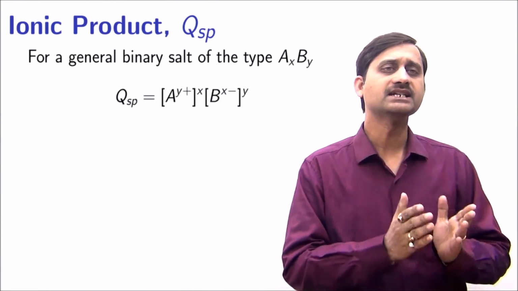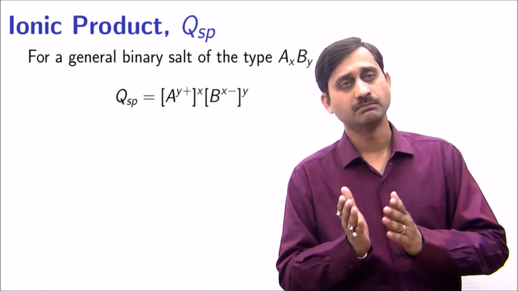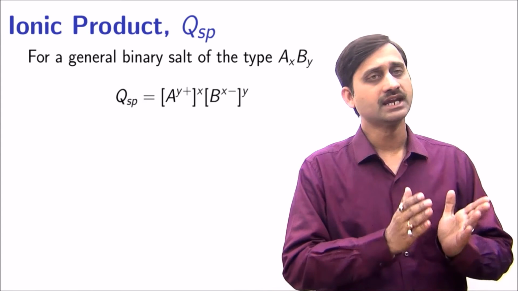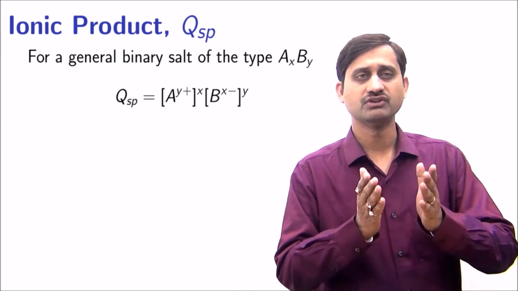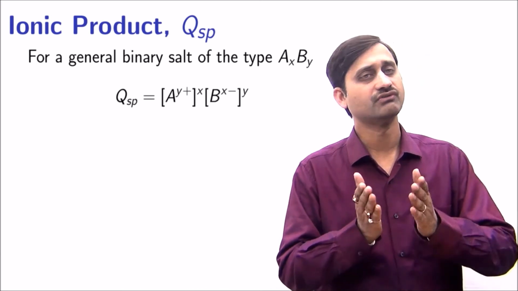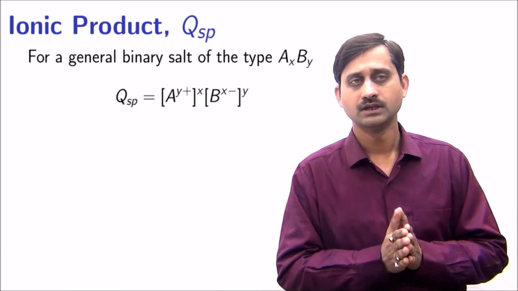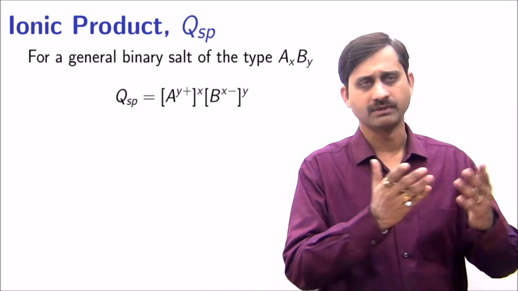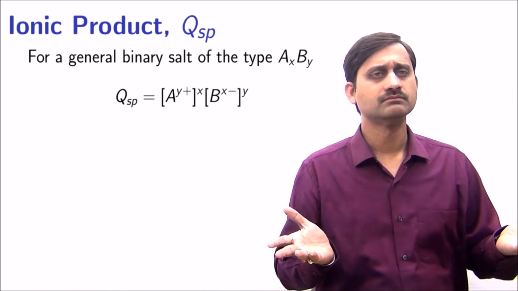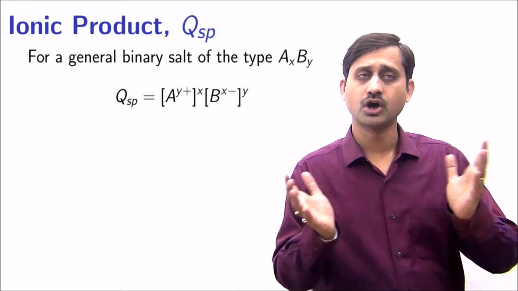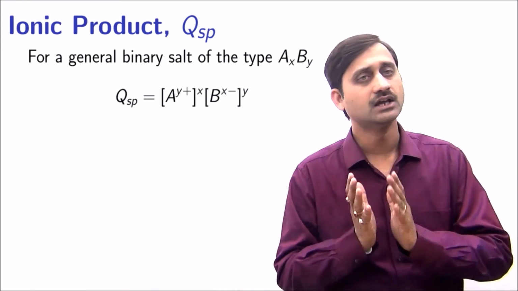For a general binary salt of the type AxBy, Qsp is equal to the A^y+ concentration raised to power x and the B^x- concentration raised to power y. Here, the A concentration is obtained from any of the salts in the system, and the B concentration again is the total concentration obtained from all sources in the solution.